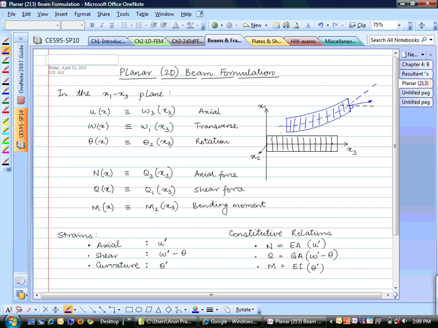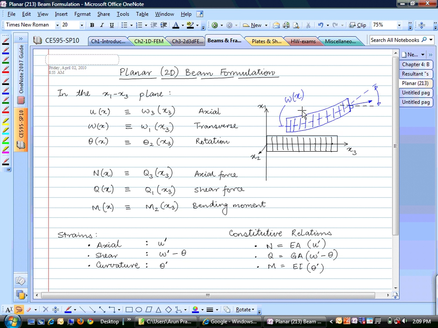So this is the centroidal axis after deformation, let's say, this dotted blue line. What would be this angle? If I know that the equation of this line is given by W(x), this is the transverse displacement of the beam. Any point x, it displaces vertically by W. It displaces horizontally by U, but its displacement in the vertical direction is W. So what would this angle be in terms of W?